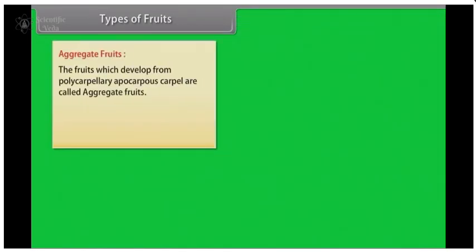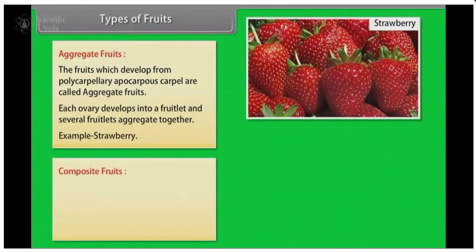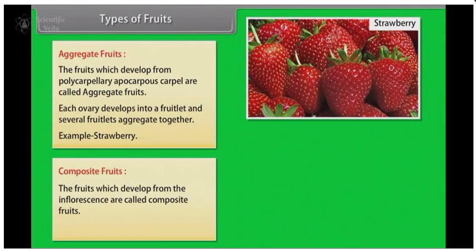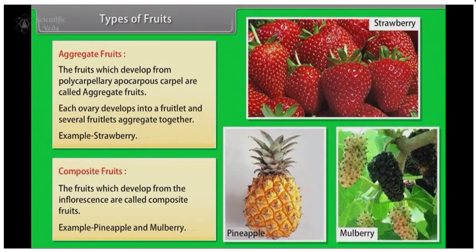The fruits which develop from polycarpellary apocarpous carpel are called aggregate fruits. Each ovary develops into a fruitlet and several fruitlets aggregate together. Example, strawberry. Composite fruits. The fruits which develop from the inflorescence are called composite fruits. Example, pineapple and mulberry.